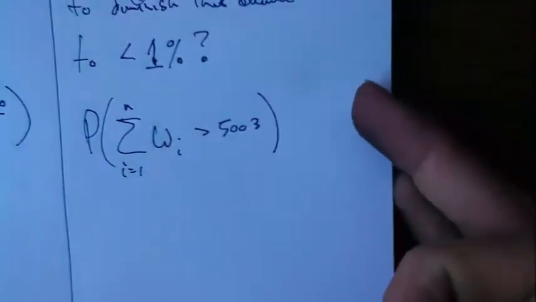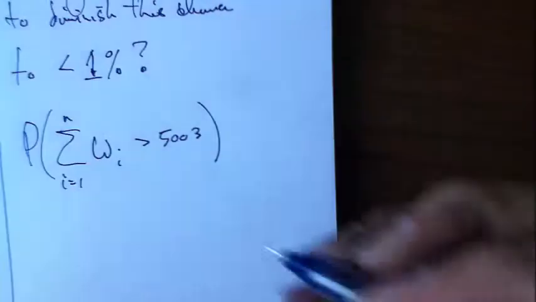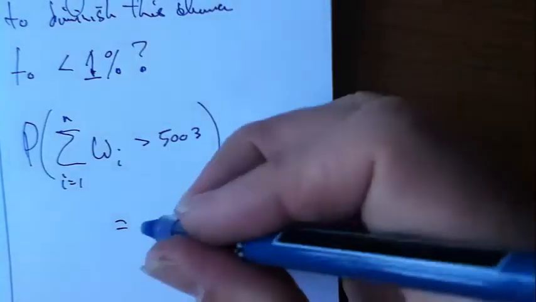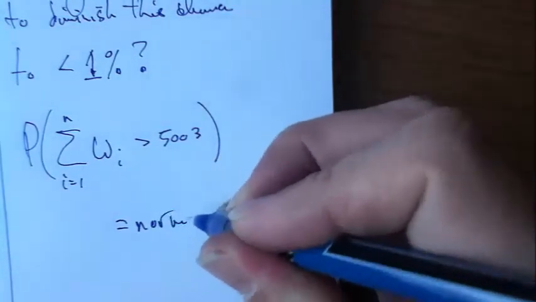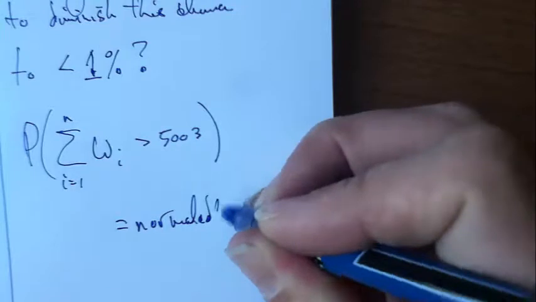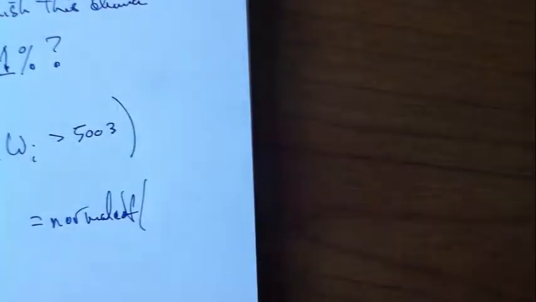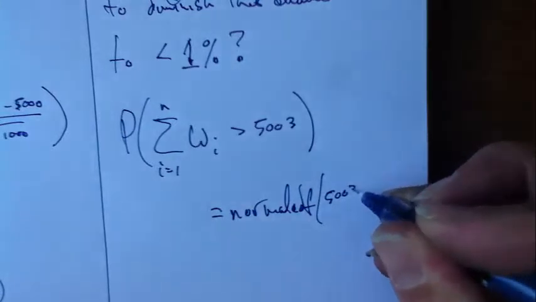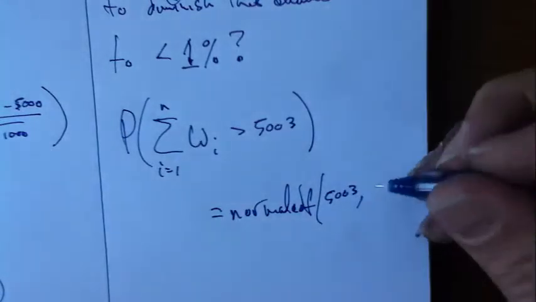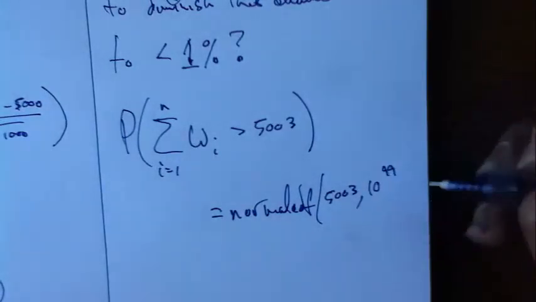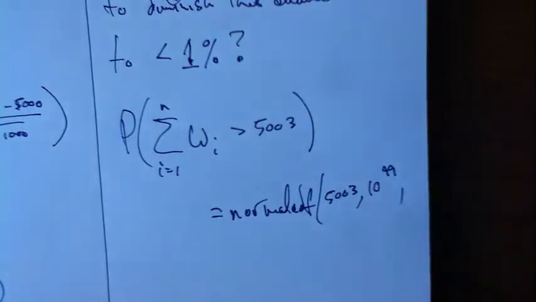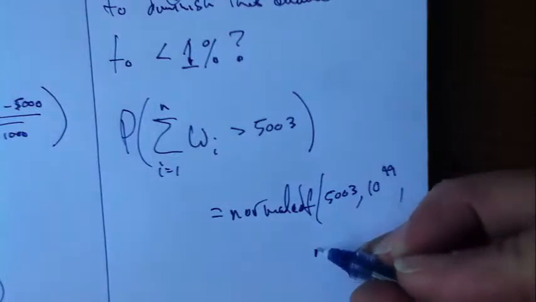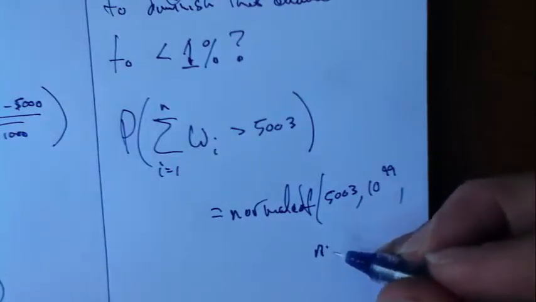If I think about it a little differently, can't I just say that this is normal CDF, starting from 5,003 and going all the way up to 10 to the 99th? And then what is it on average? It should be n times 5. That's my new mean.